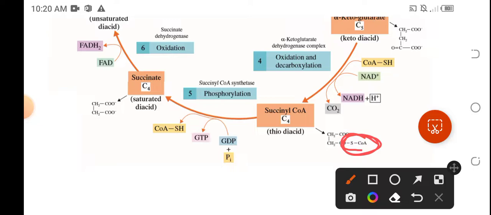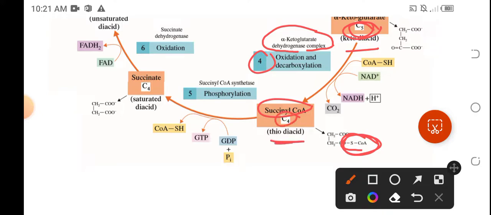So, from alpha-ketoglutarate, which is 5 carbon atom, after the second oxidation and decarboxylation reaction, or the fourth reaction of the Krebs cycle, with the presence of alpha-ketoglutarate dehydrogenase complex, magiging succinyl-CoA na siya. So, coenzyme A has been incorporated in this intermediate from carbon number 5, magiging carbon number 4, which is a thiodiacid. Paano naging thiodiacid ito? Again, we have the thio, which is represented by the sulfur, and diacid kasi may dalawang carboxylate group.